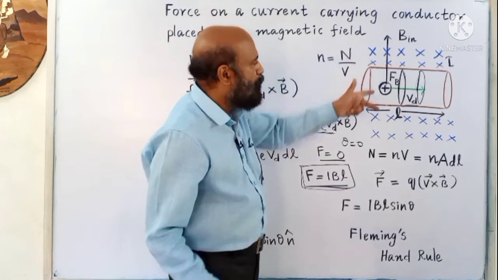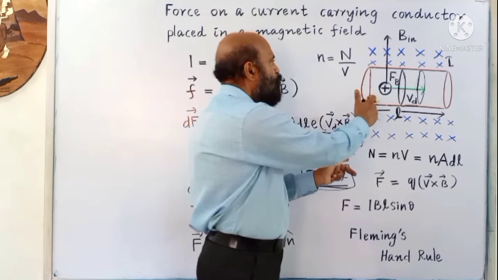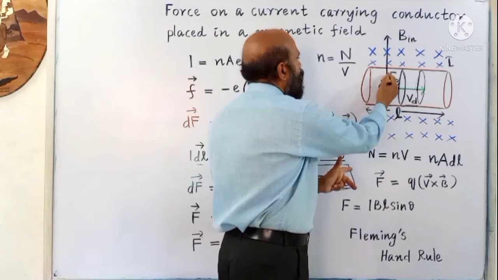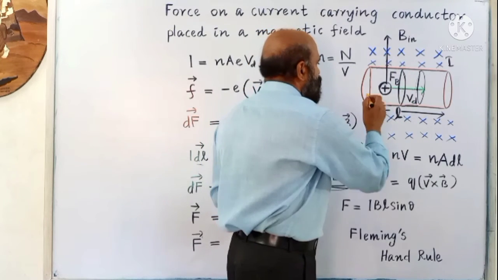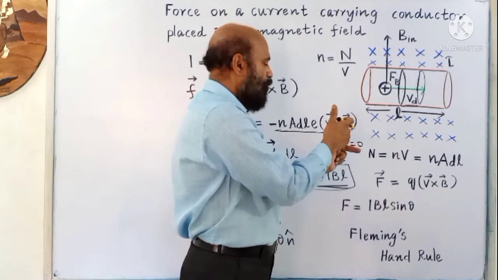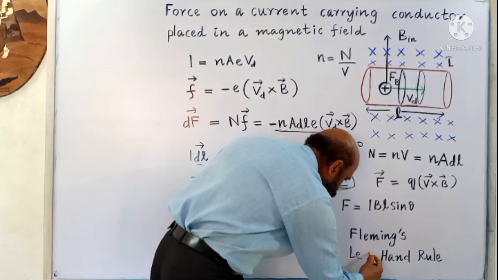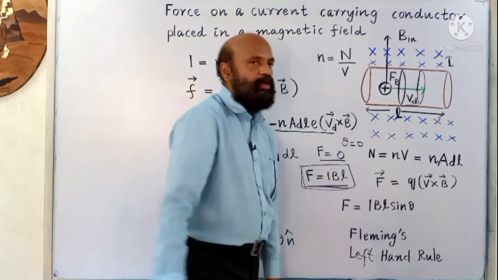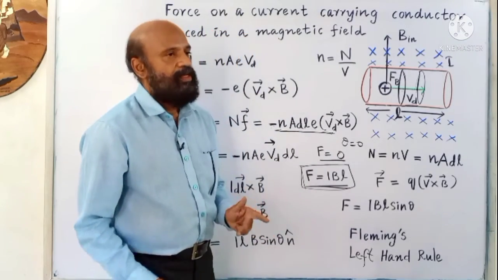Now we have seen, using the cross product, that the direction of the force is upwards. The field is acting into the board and the current is that side. Now you can use Fleming's left hand rule for getting the direction of the force.